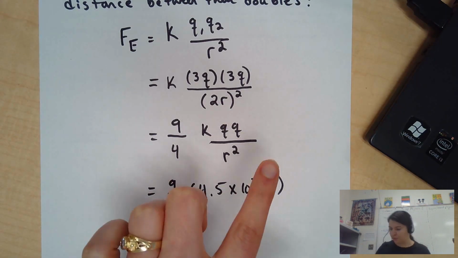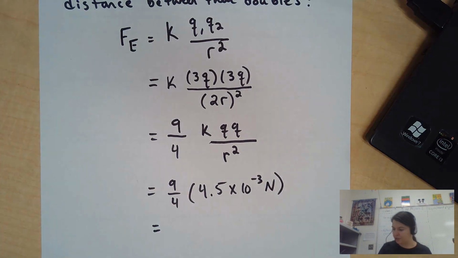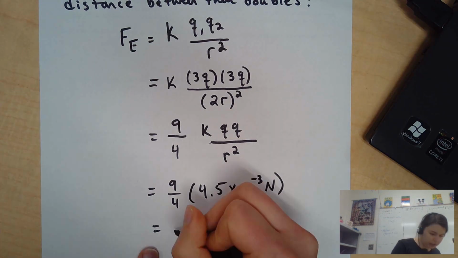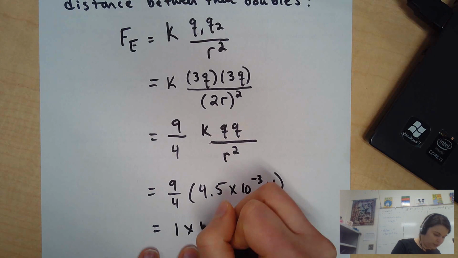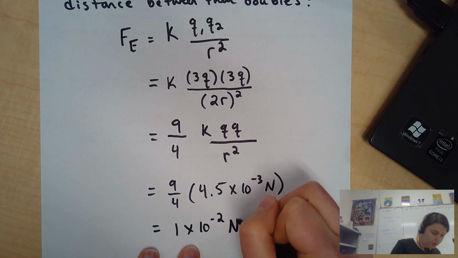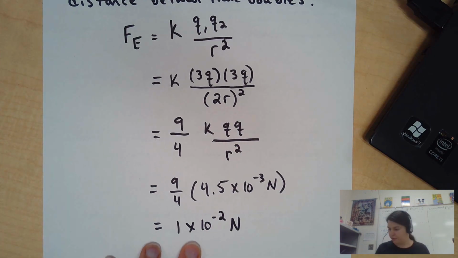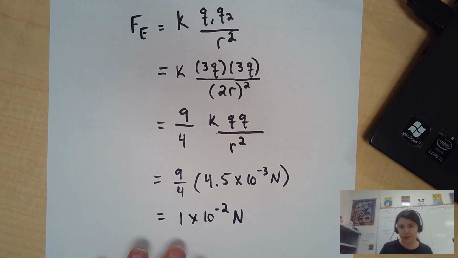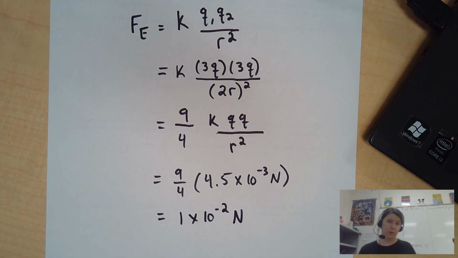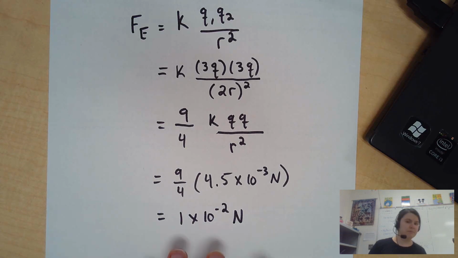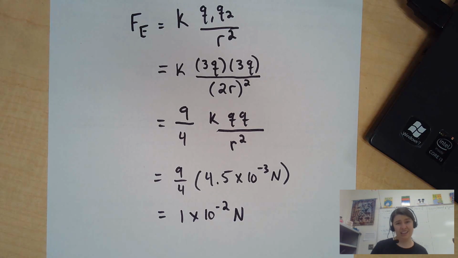And so if you take a moment and plug that into your calculator, you should get 1 times 10 to the negative 2 newtons. For those of you who aren't too familiar with scientific notation, this is a unit where you're going to want to use it. Be very careful with your parentheses, and it should be pretty straightforward with your handy-dandy calculator.